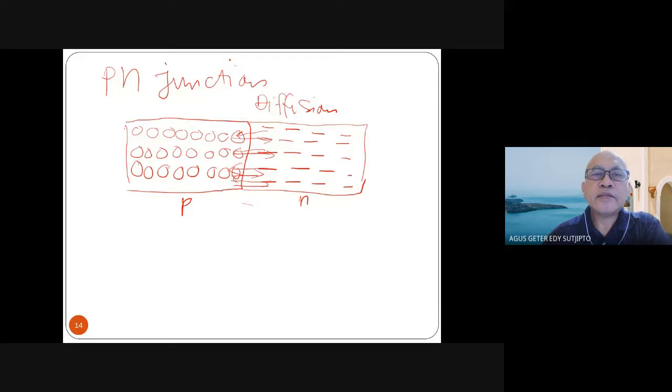In this case, the diffusion will not go further. For example, all of the holes will not recombine with all of the electrons in the N type, and all of the electrons in the N type will not go to the P type holes. So we only have the region here, which we call the depletion region.